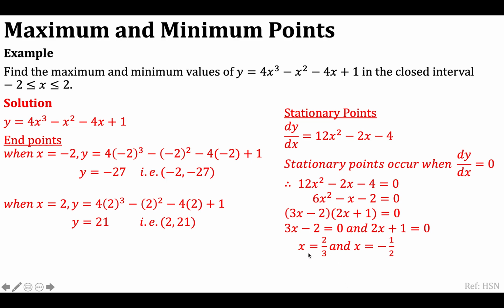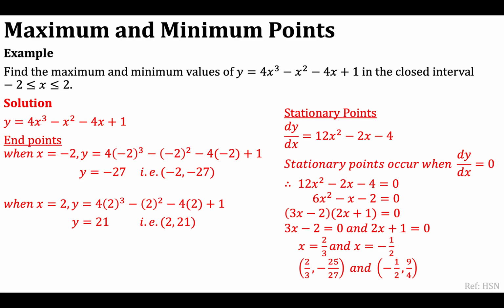Now in order to find the y ordinates of the stationary points, I need to take each of these, x equals 2/3 and x equals negative a half, and substitute them back into the original equation so that I get y. So when I do that, I get, for 2/3, negative 25 over 27 and, for negative a half, 9/4.